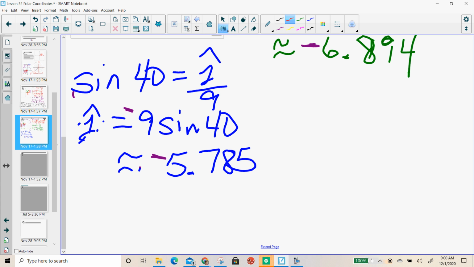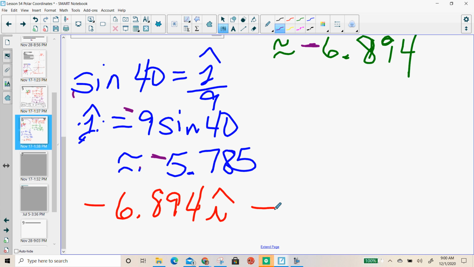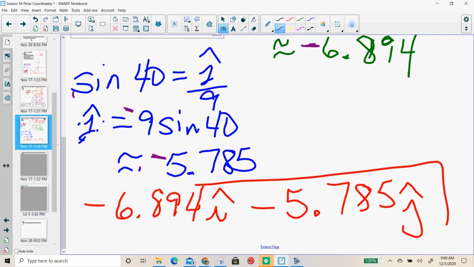So putting it all together as one vector, negative 6.894 i hat plus the negative, so I'm just going to write that as minus 5.785 j hat.